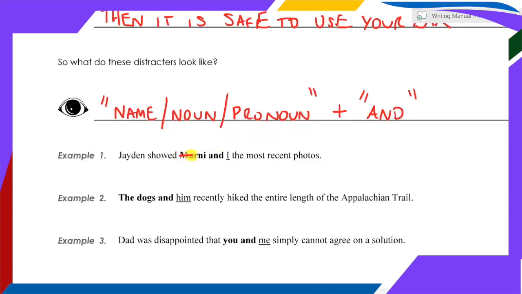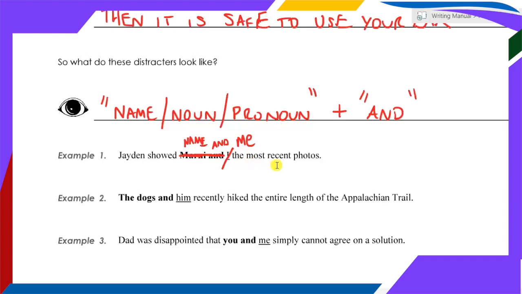However, if you obliterate this name and distractor, you have a name, you have the word and, you obliterate that and then read the sentence again, Jaden showed I the most recent photos. Most of you will be able to detect, just using your ear, that that pronoun form is not correct.